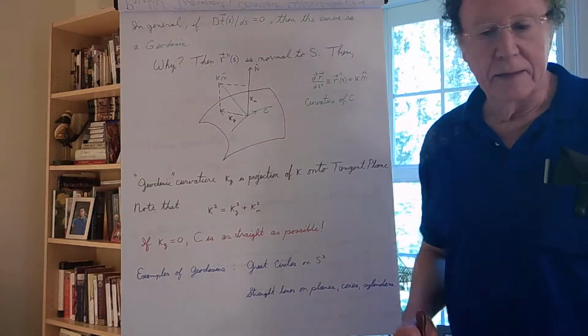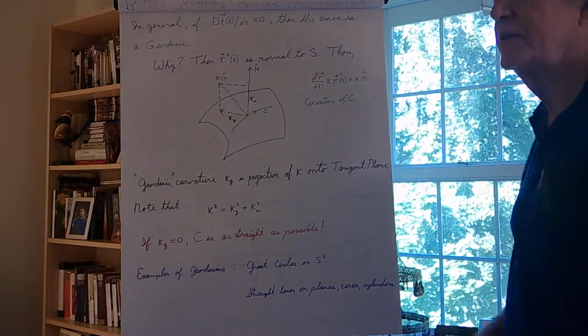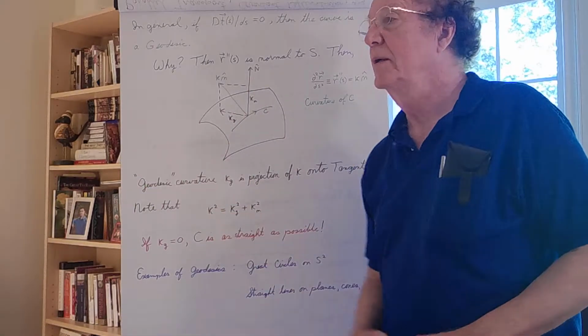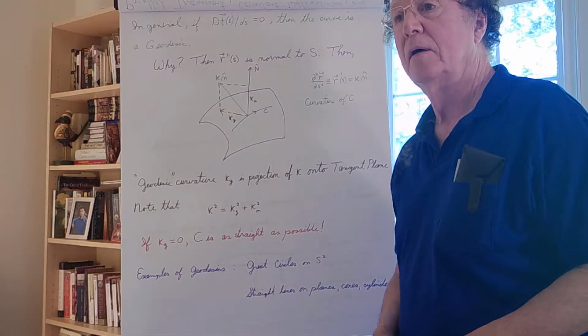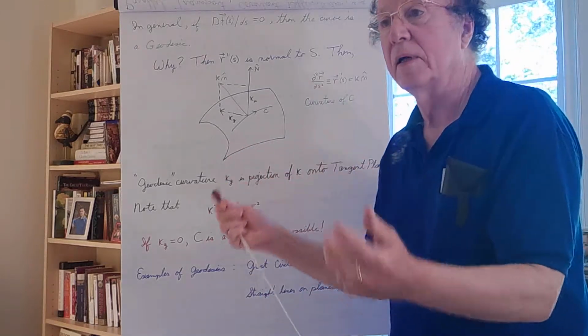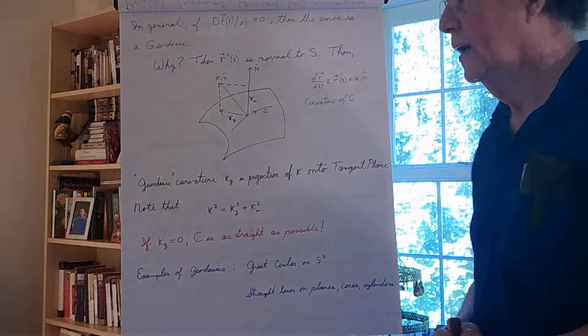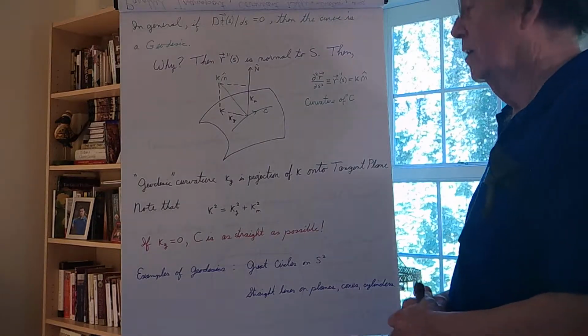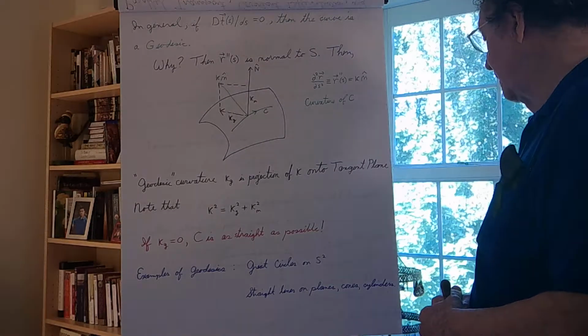For example, on a cylinder, the circle around the cylinder is a geodesic, and I see that just by unfolding the cylinder and seeing that when it's unfolded, that curve is simply a straight line.